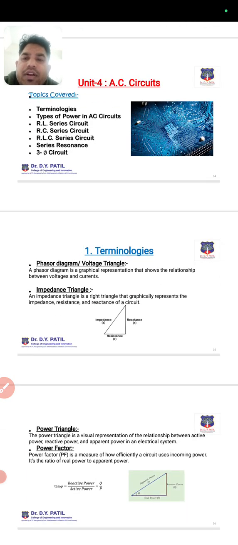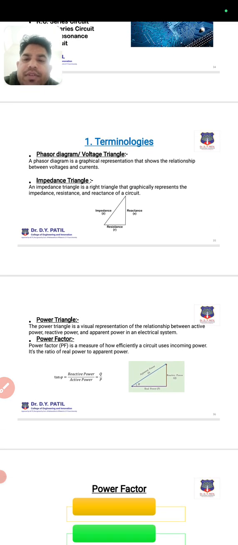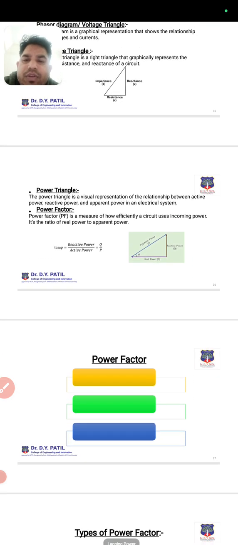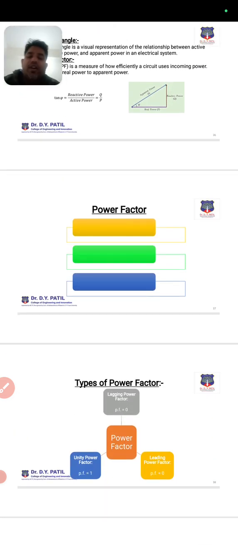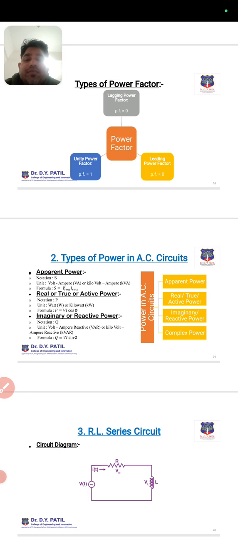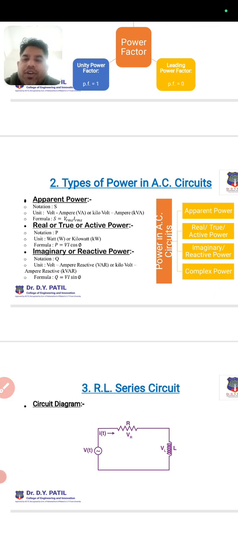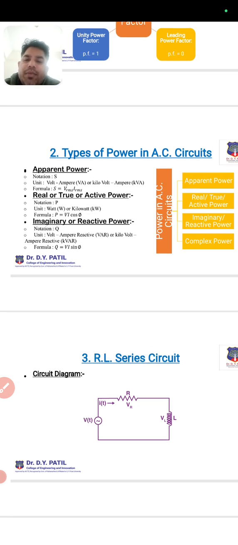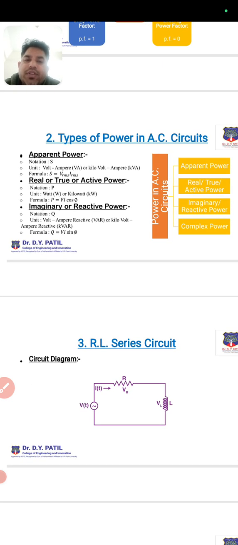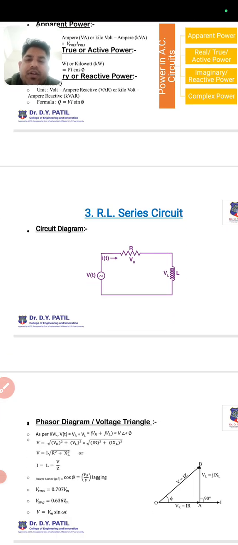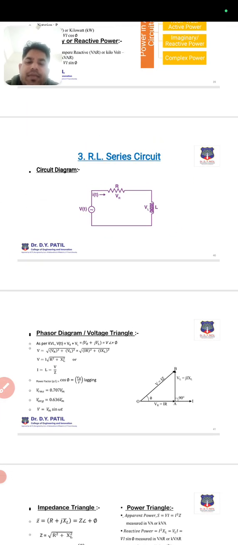Already we have learned series, parallel and phasor diagrams. We also know the power triangle and power factor. Apparent power is denoted by S, active power by P, and reactive power by Q. Already we have learned the RL circuit.